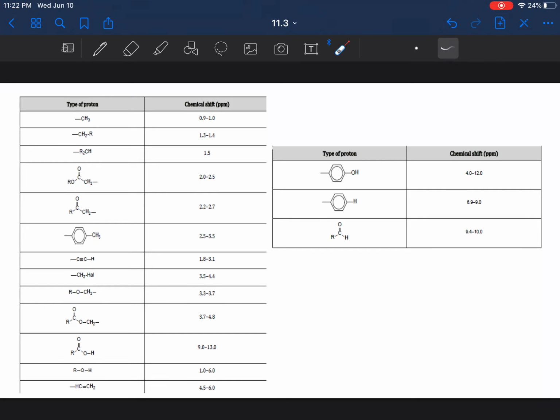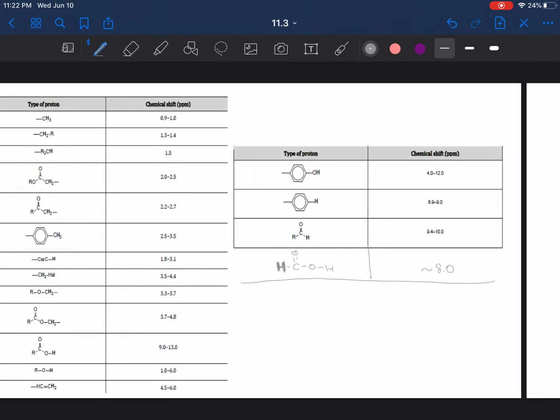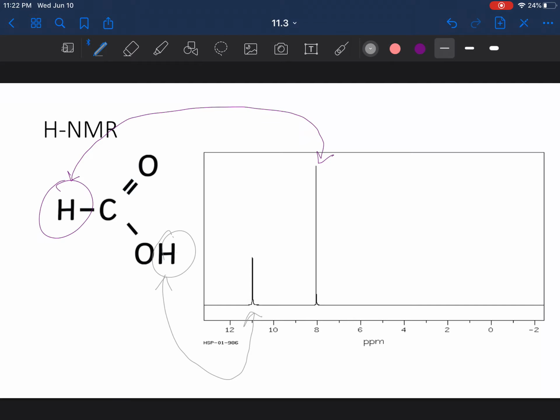But you can pretty much bet that if you were to extend this graph, you would say around 8.0 you will have a hydrogen like that. Well, it's a shame that they don't have everything, but what do you expect? You can't put everything down, just the important stuff.